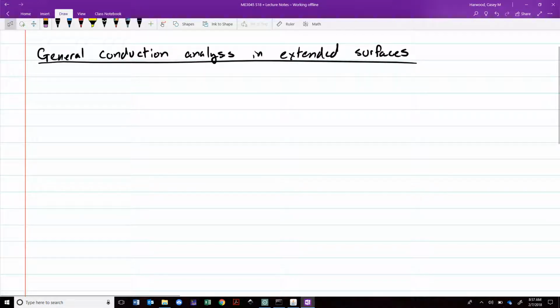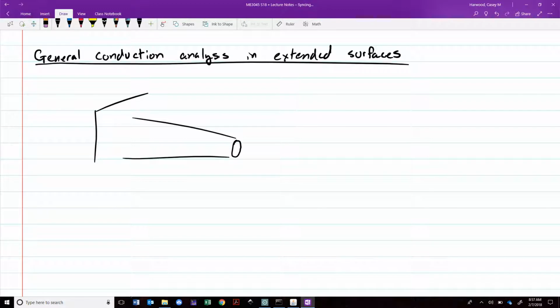To start things off, we're going to do the derivation here for a type of extended surface that's known as a pin surface. So imagine this conical extended surface.